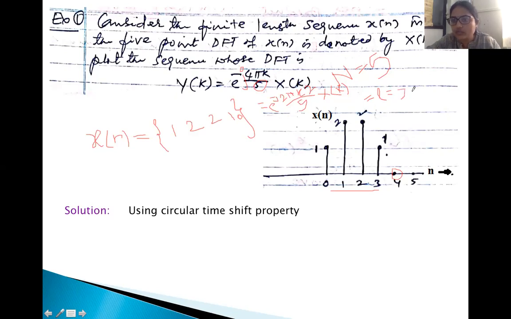The value of l is equal to 2 means if I'm multiplying the sequence in the frequency domain by the exponential part e raised to minus j 2 pi k l divided by capital N, this l is representing the amount of units the sequence in the time domain is being shifted.